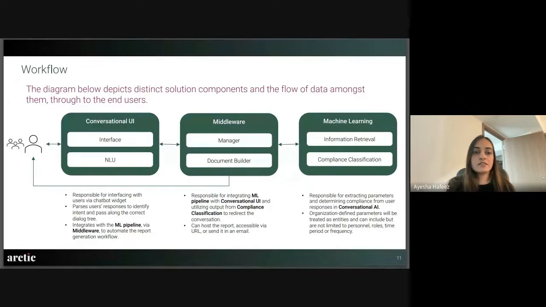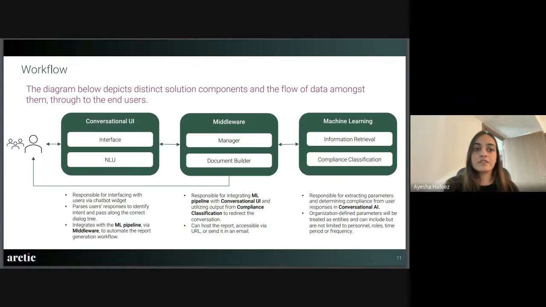It also passes the user's responses to the middleware that then is able to process it through the machine learning pipeline. The middleware, in addition to passing data between the conversational agent and the ML pipeline, is also responsible for generating a summary of compliance reports that tell the security officers where the gaps are.